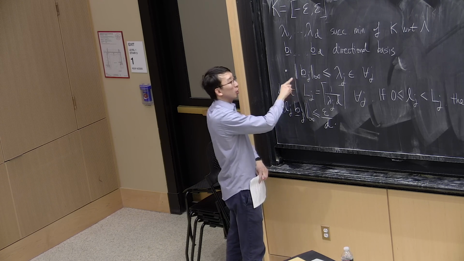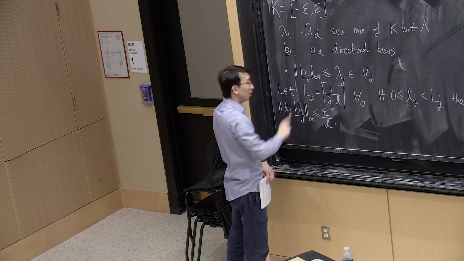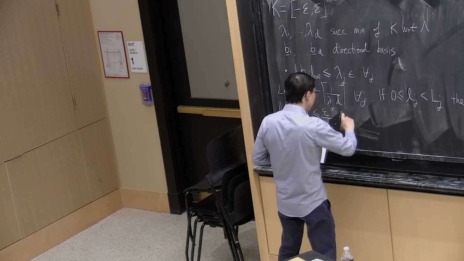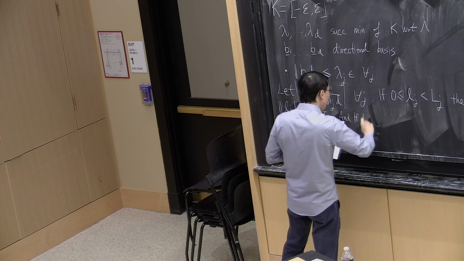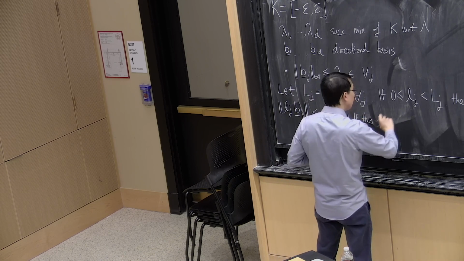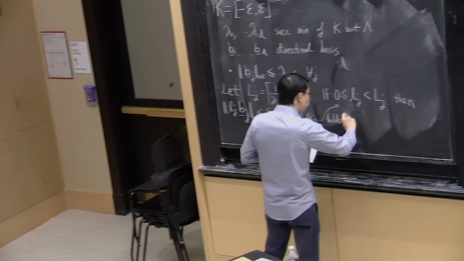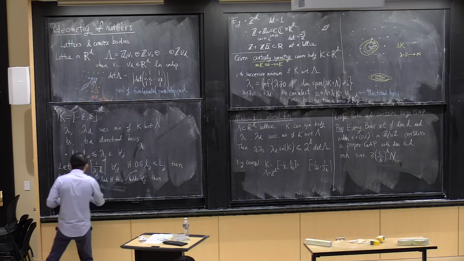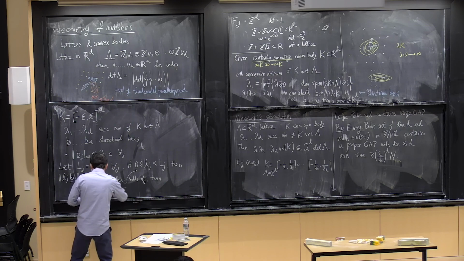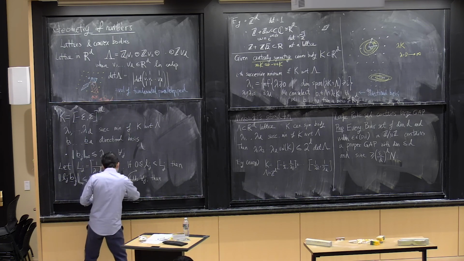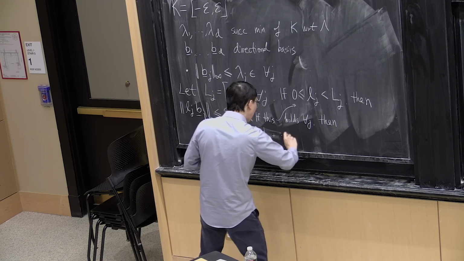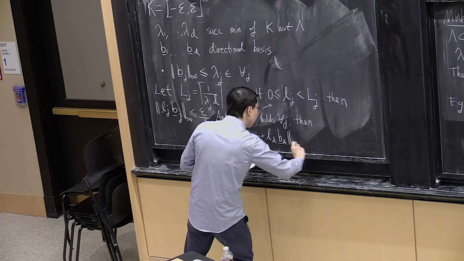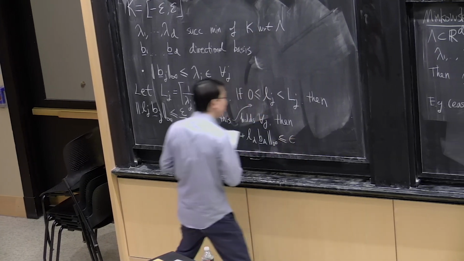Just looking at this bound here and the size of L_j. And if this holds for all j, then summing up all of these individual inequalities, we find that the sum of these l_j B_j's is at most epsilon in L infinity norm.